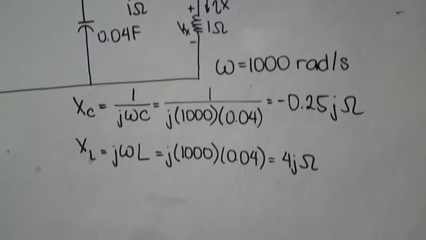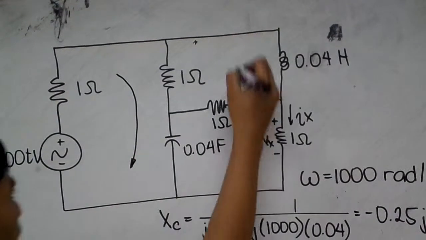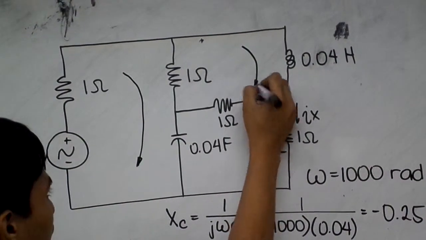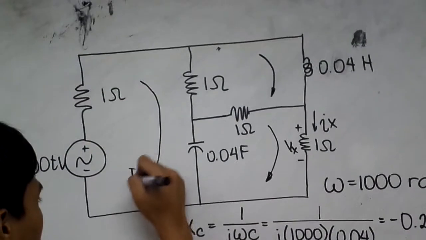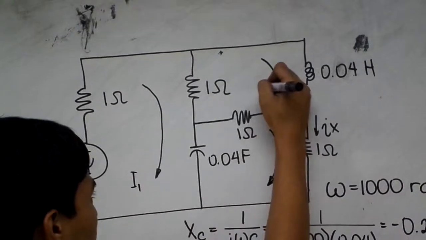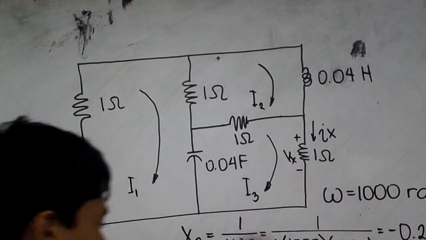Now, let us move on to the mesh analysis. First, we take the loop here, and the loop here. Let this loop be I1, let this loop be I2, and this be I3.